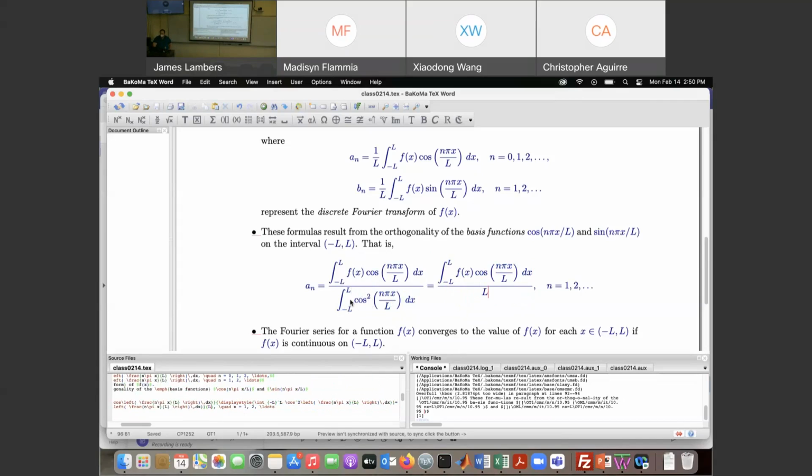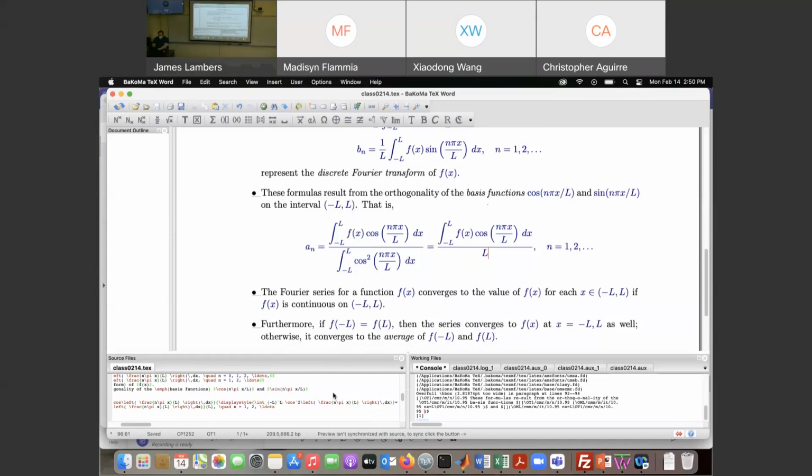The width of the interval is 2L, so we get 1/2 out and we get L. But this only applies for n equal 1, 2, and so on.